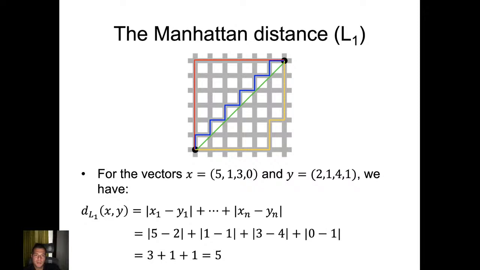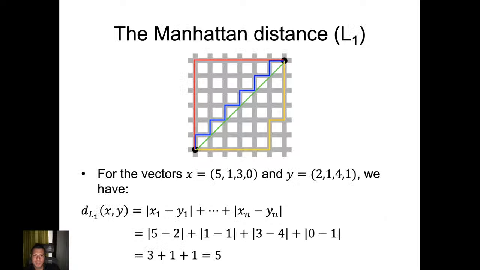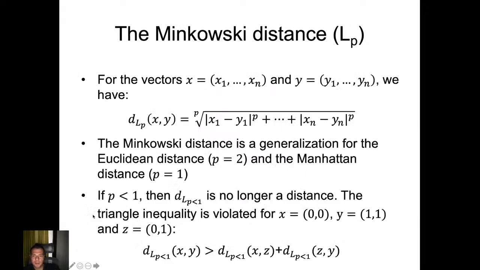Of course, in other applications, perhaps the Manhattan distance or the L1 distance might be more suitable, or you can also consider the more generic Minkowski distance, which generalizes the two distances. Manhattan is usually defined as the L1 distance, Euclidean is the L2 distance, and the generalization is Lp.